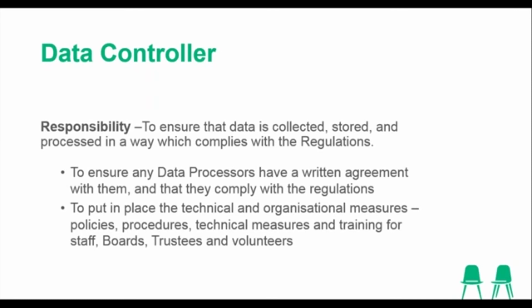The data processors and the data controllers have to have a written agreement in place that they comply with the regulations, and how they put in place the technical and organizational measures, policies, procedures, technical measures, and all the staff training for board, volunteers, whoever actually processes data.